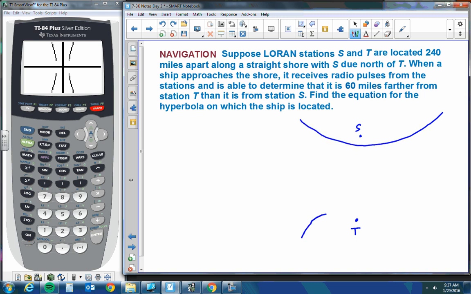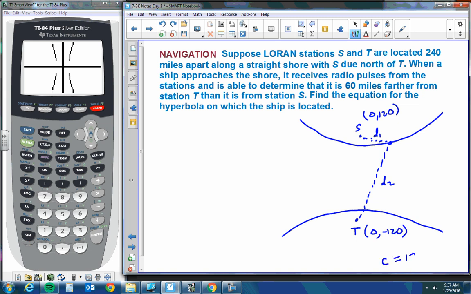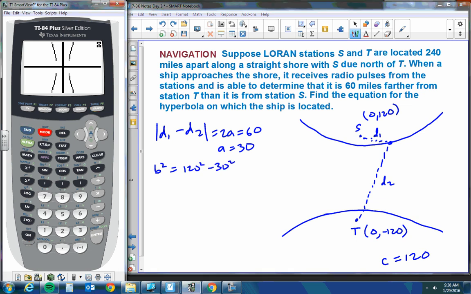Same situation, but now you have one focus north of the other one. Once you get the equation, I want you to type this one in the calculator as well.